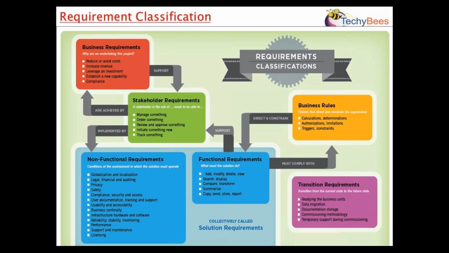As I've already told you, we classify the requirements at a high level based on the business requirement, user requirement, and system requirements. Here we further classify that into stakeholder requirements. What the stakeholder gives you as a requirement is referred to as a stakeholder requirement.